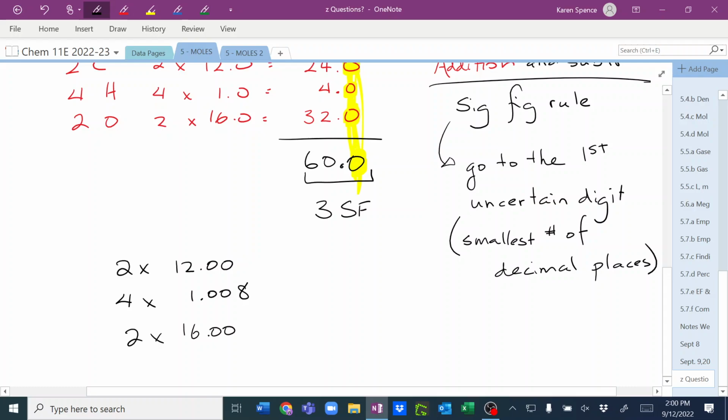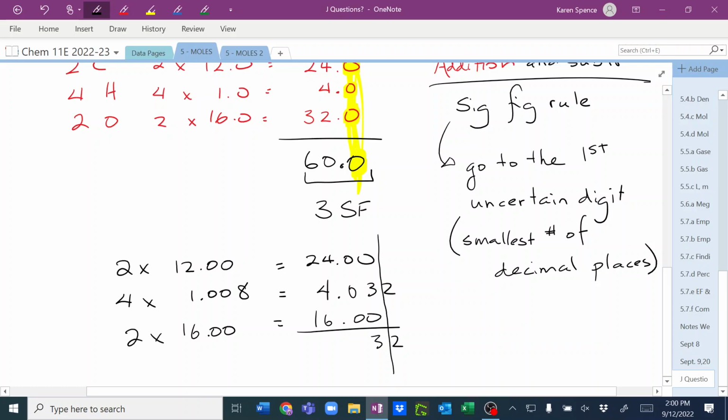And you would say, okay, I've got 24, and 4 times 8 is 32, so 4.032, and then we would have 16. So it would be almost the same, except we would have this little 32 at the end, but we would still have to round.